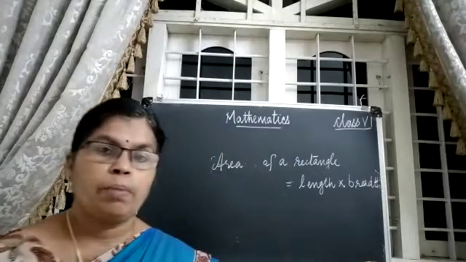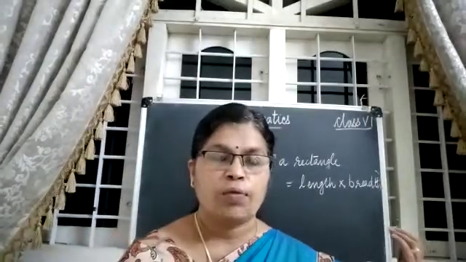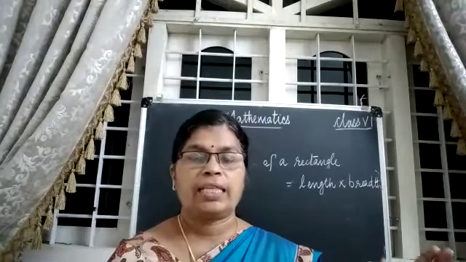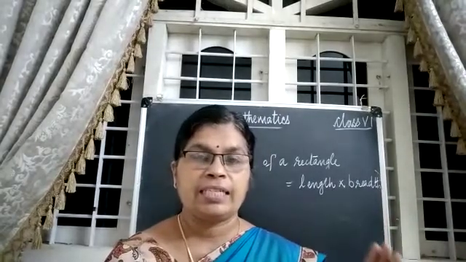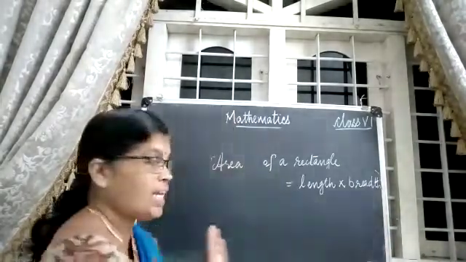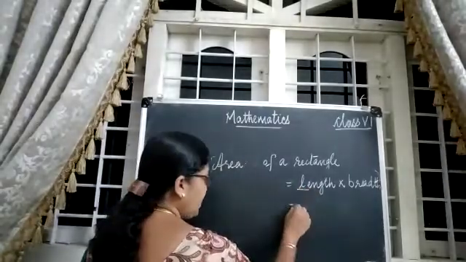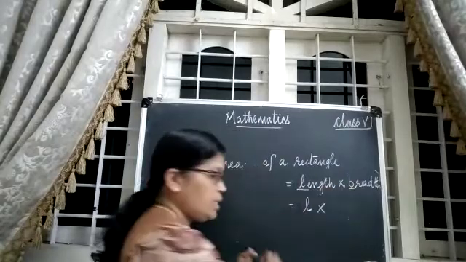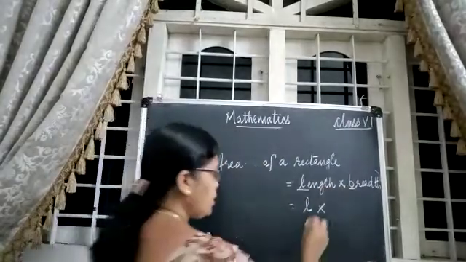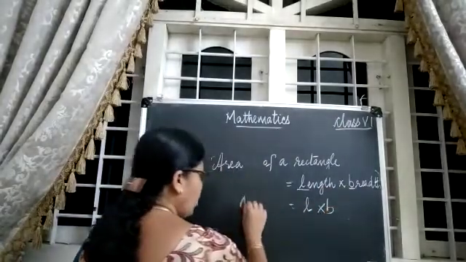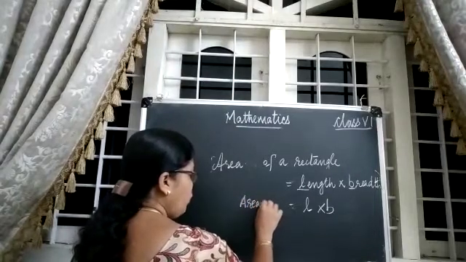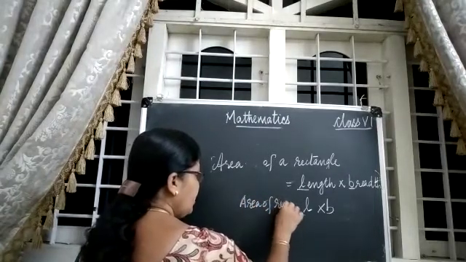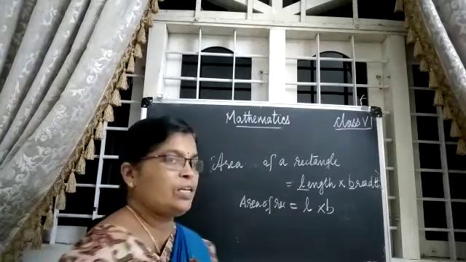Instead of writing length, L-E-N-G-T-H, what will you write? L, only the first alphabet, into B, the first alphabet of breadth. So what is the formula to write area of rectangle? Area of rectangle is equal to L into B.